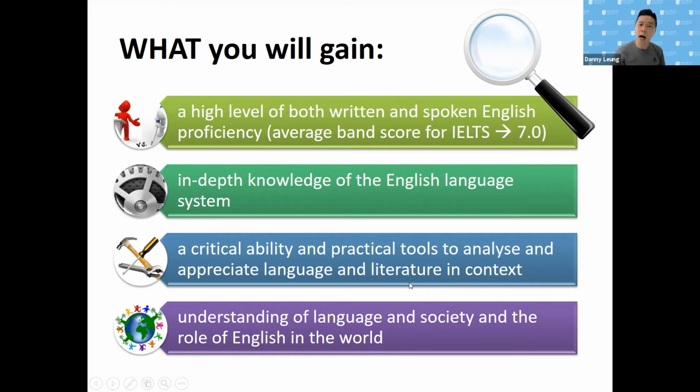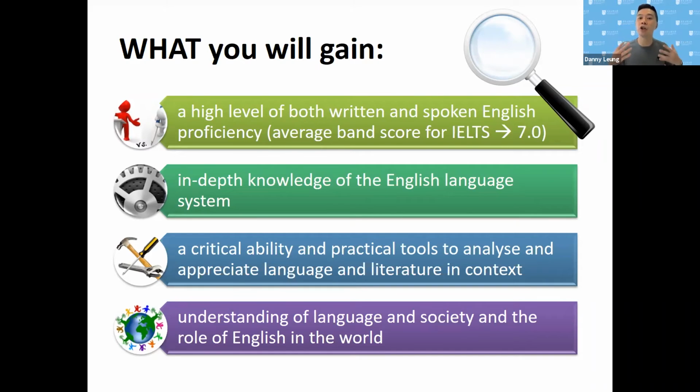All right, so in our courses, you can see both English language studies, English linguistics, as well as literature courses, or English literature courses. Last but not least, understanding of language and society and the role of English in the world. English does not exist in a vacuum. No language exists in a vacuum. What does that mean?